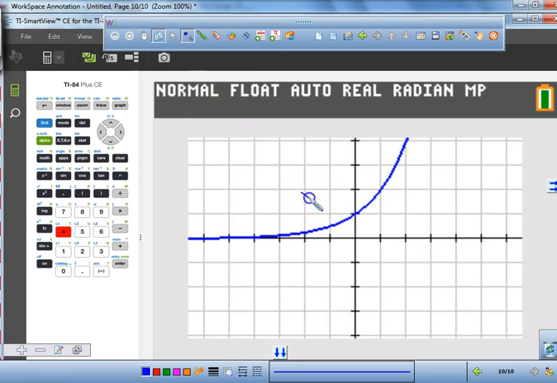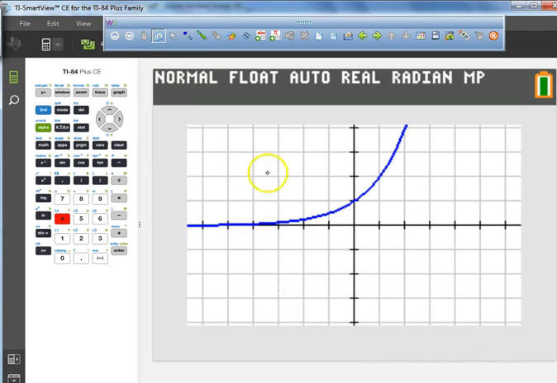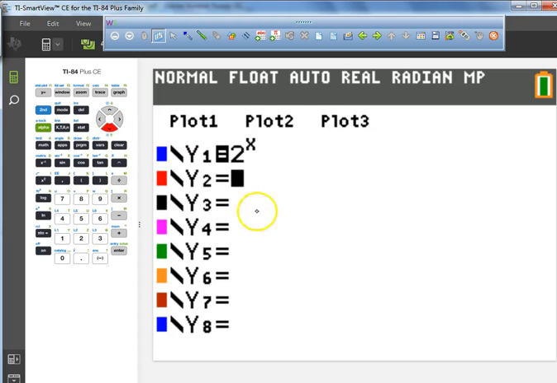So this graph right here is an exponential function. It's y equals 2 to the power of x. This function has an inverse, and its inverse is a logarithmic function. What do all inverses reflect across from your understanding? They reflect across a line called y equals x.